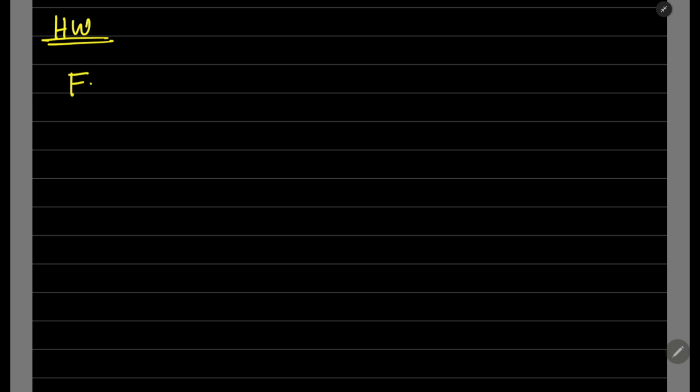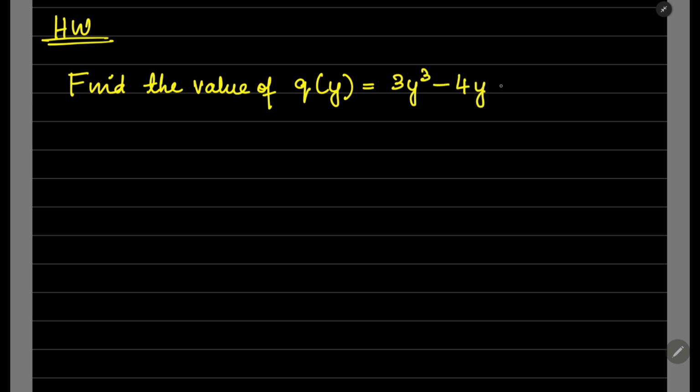Find the value of q of y equal to 3y cube minus 4y plus root 11 at y is equal to 2. So this is your homework. You will do it and tell me your answer in the comments, right?